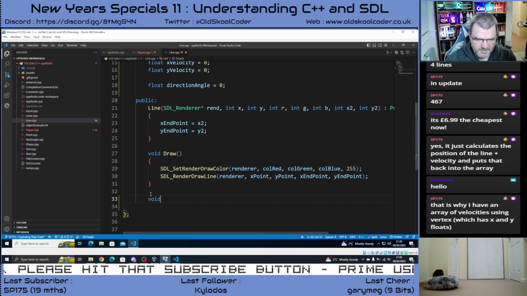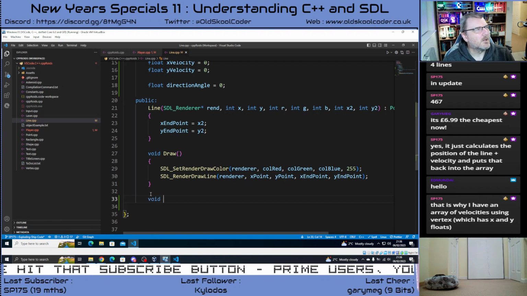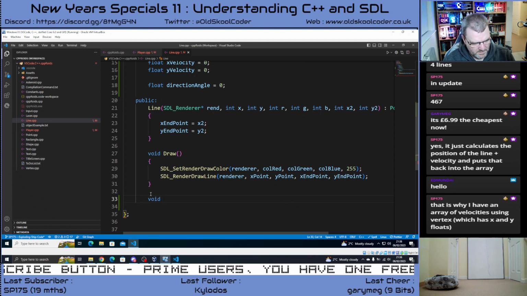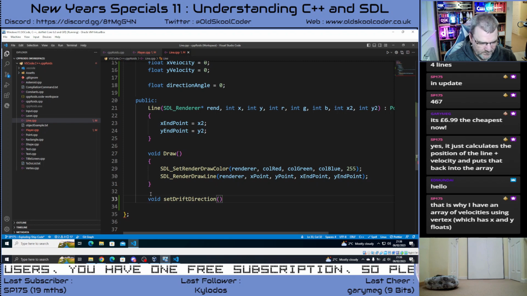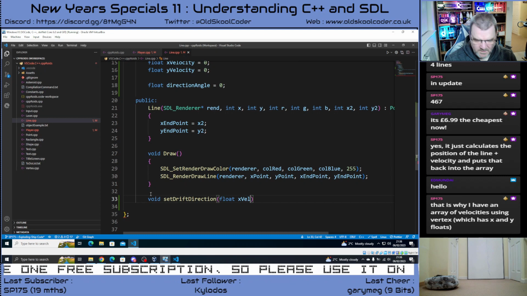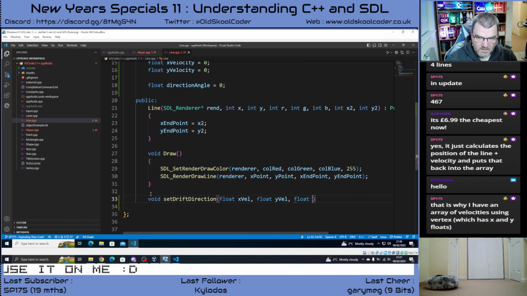Right, void, what should we call it? Set drift direction, and we are going to send in the x velocity, the y velocity, and the angle.